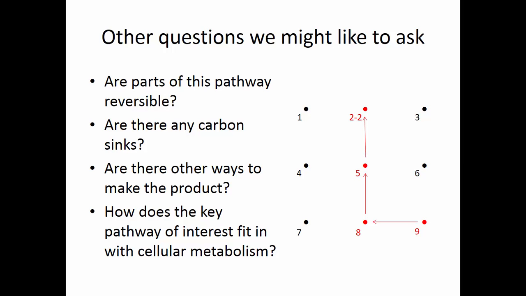So other things we might want to ask about our pathway here are, is any part of the pathway reversible? Are there carbon sinks to consider? Are there other ways to make our product, our number 2? How does the key pathway of interest fit in with cellular metabolism?